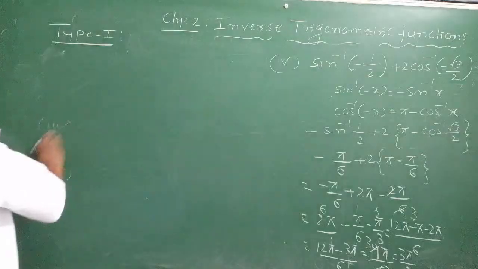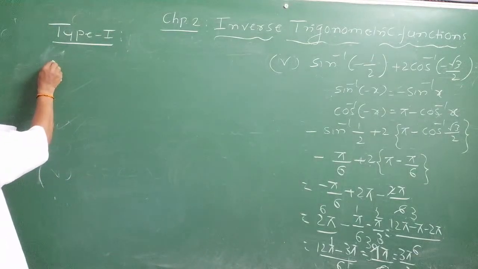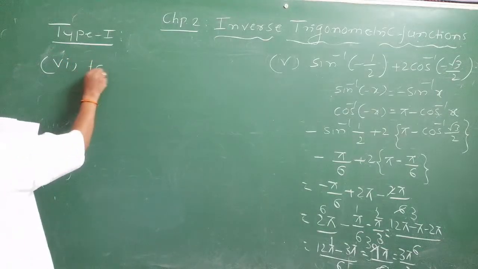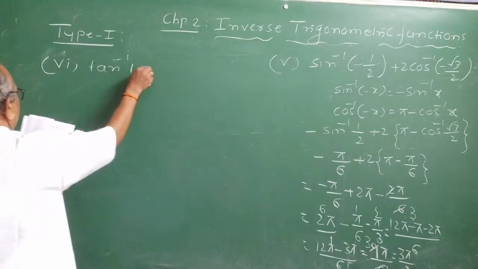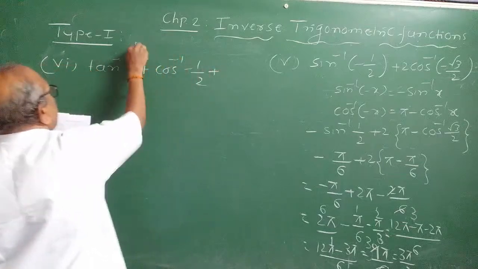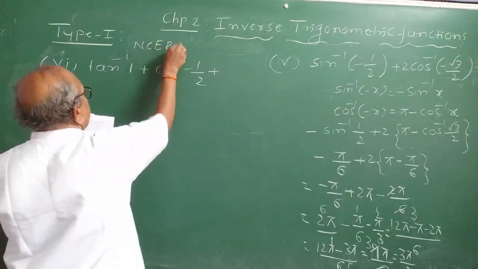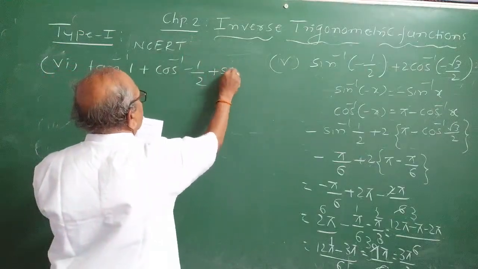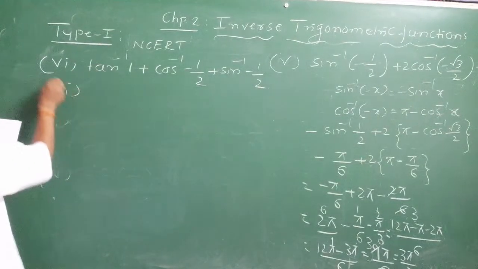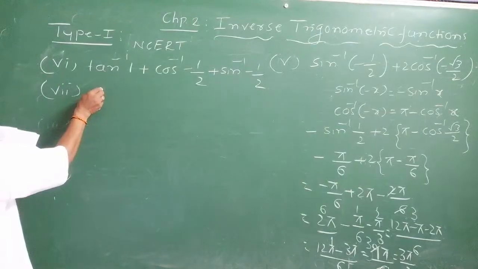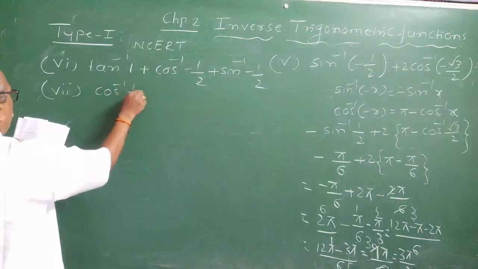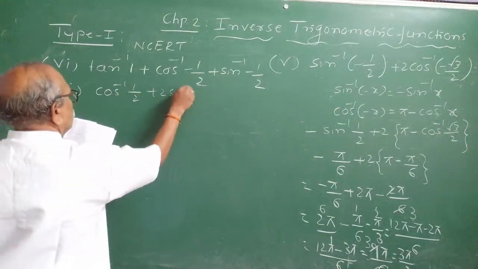Problem from the textbook on the same type 1. The sixth one, you can take in type 1 only, from the NCERT textbook: tan inverse 1 plus cos inverse minus 1 by 2 plus sin inverse minus 1 by 2. Then the seventh one: cos inverse 1 by 2 plus 2 sin inverse 1 by 2.